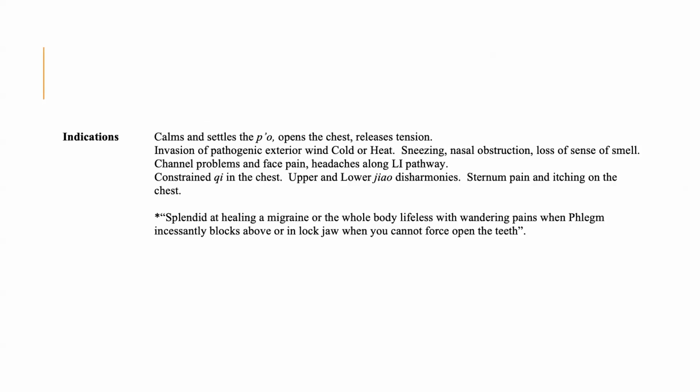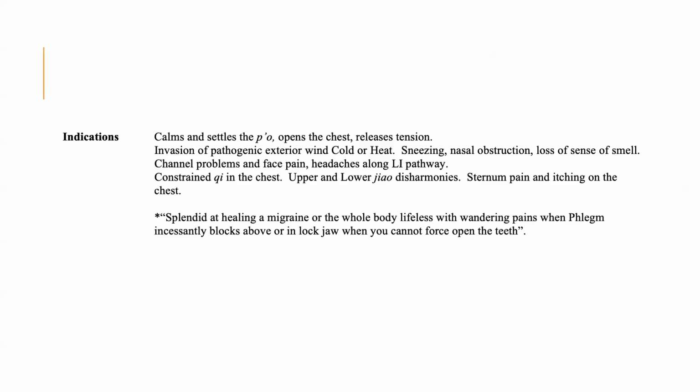For its indications, Lung 7 calms and settles the Po, opens the chest, and releases tension. It also is indicated for invasion of pathogenic exterior wind, cold, or heat, sneezing, nasal obstruction, loss of sense of smell, and it is also for channel problems and face pain, headaches along the LI pathway.